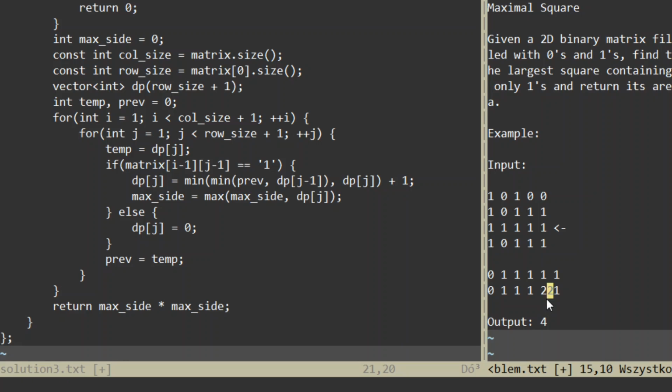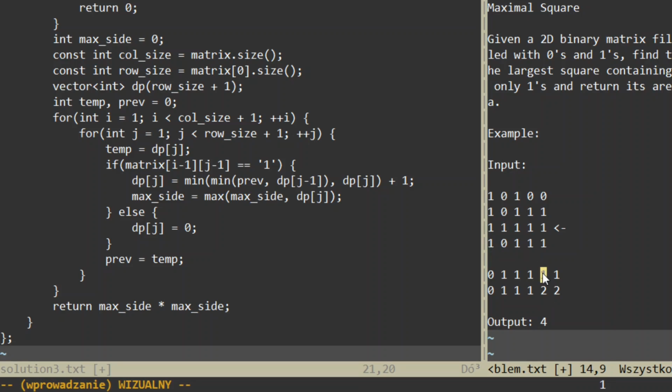So we found it. And then we have here, we have 2, 1, 1, and the minimum 1, and plus 1 is also 2. So we have found these two things, and we can go further.